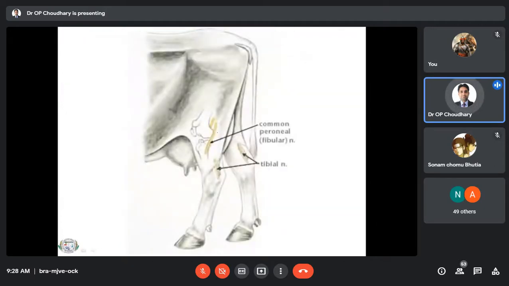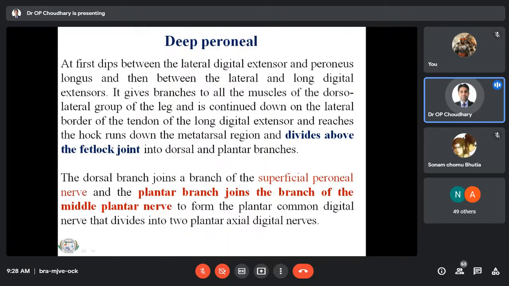So you can see here, this is the peroneal nerve. The peroneal nerve will go like this, and here there is the detachment of the tibial nerve. Then the deep peroneal nerve.